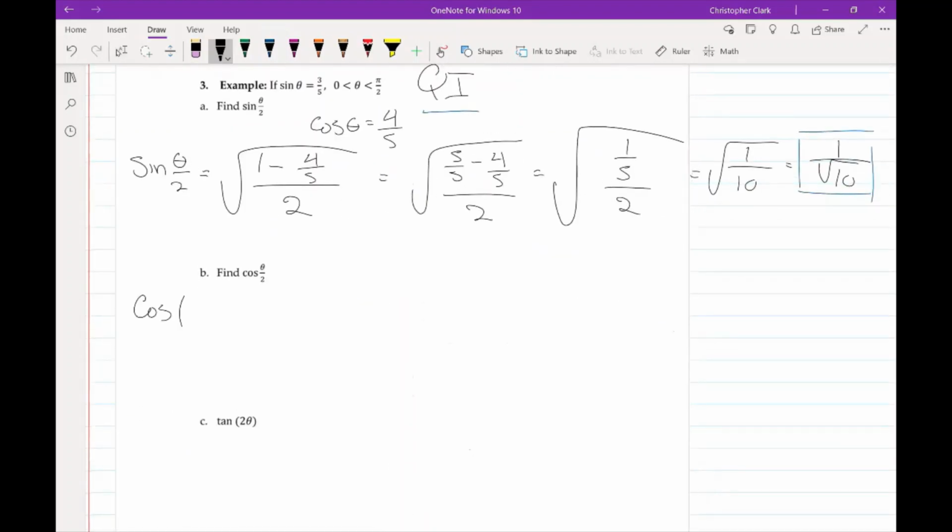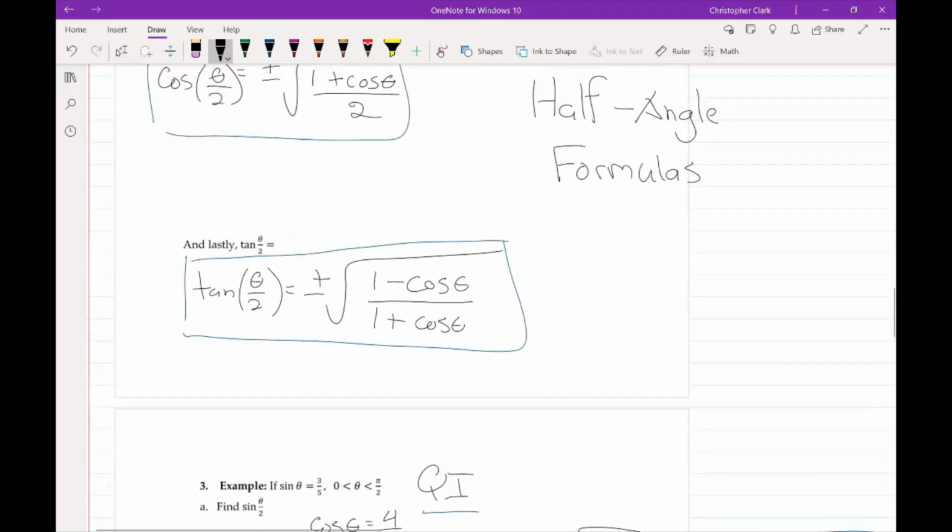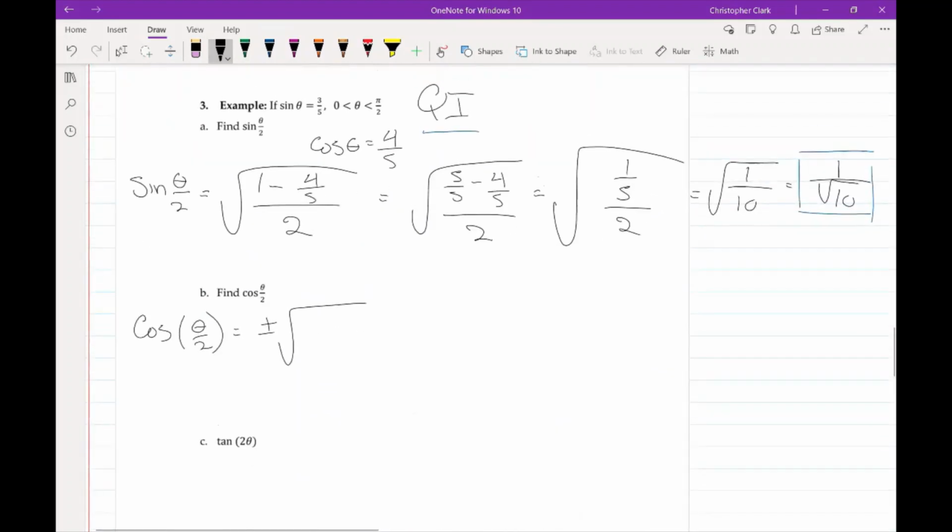So cosine of theta over 2 is equal to plus or minus the square root of (1 plus cosine theta) over 2. Now in this case, we know that it's going to be plus because cosine is positive in quadrant 1. So we're going to go with the positive version of this.